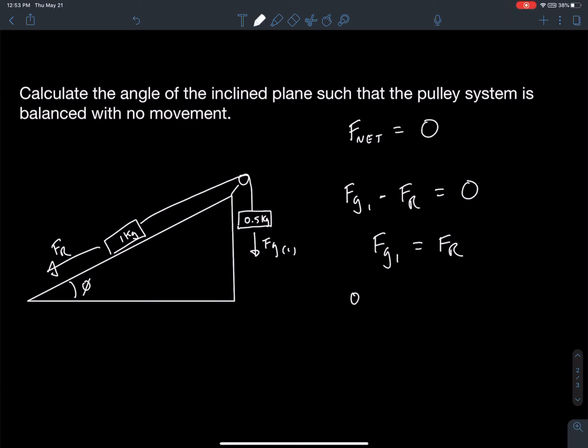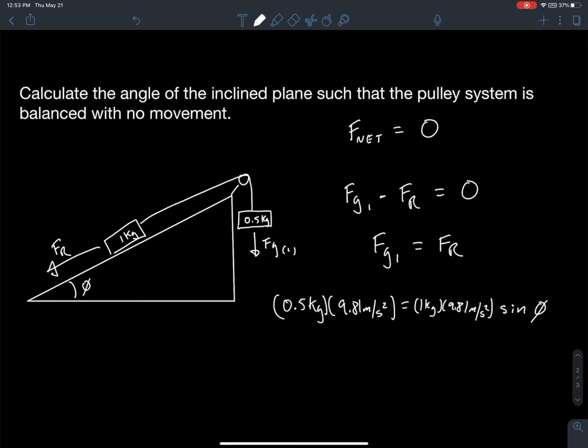So 0.5 kilograms times 9.81 meters per second squared is going to be equal to, well, how do I calculate that resultant force? Do you remember the formula from the last question? It would be 1 kilogram times 9.81 meters per second squared times sine theta, the angle of inclination of that ramp.